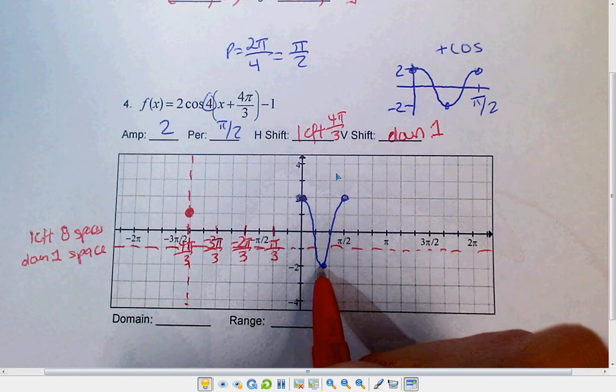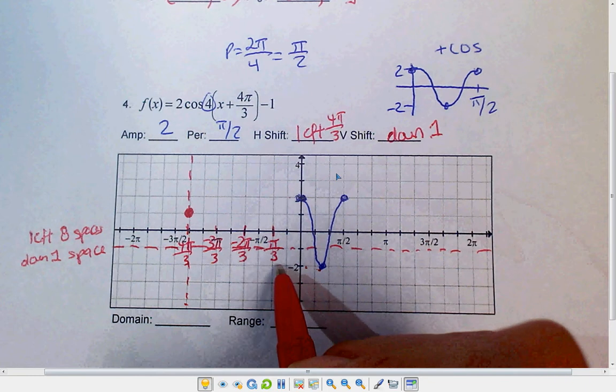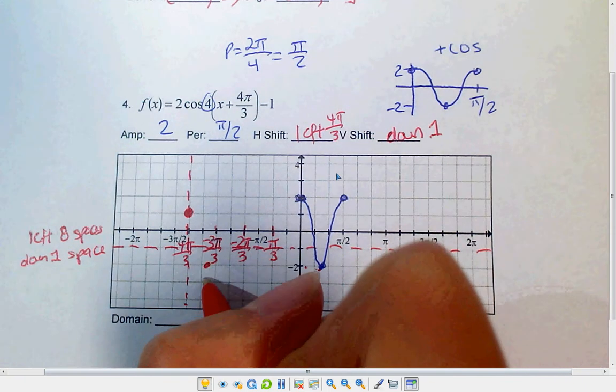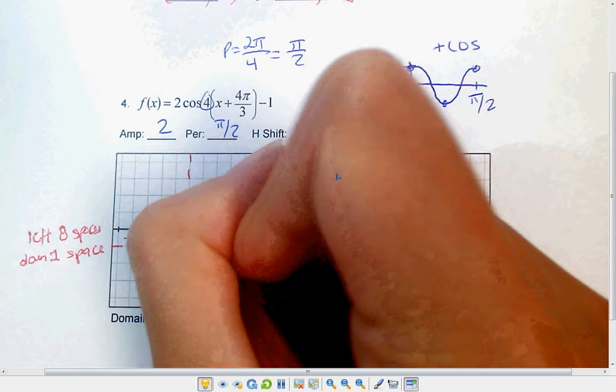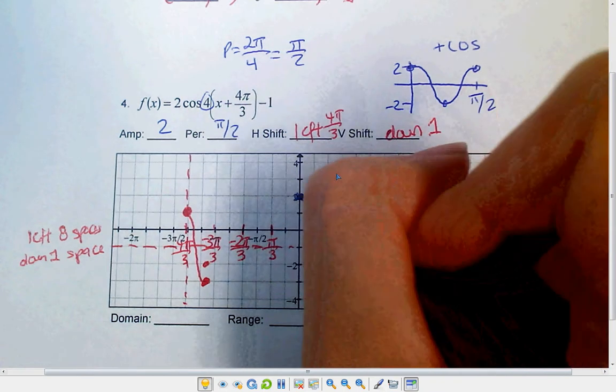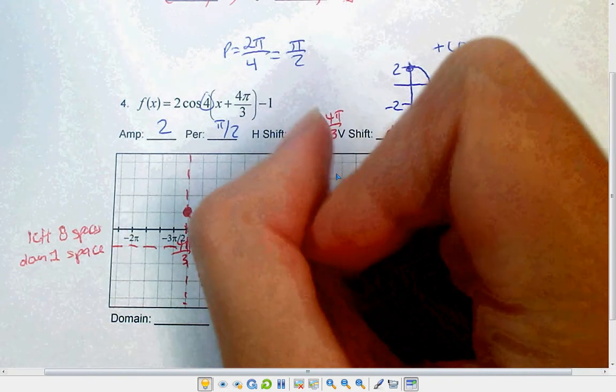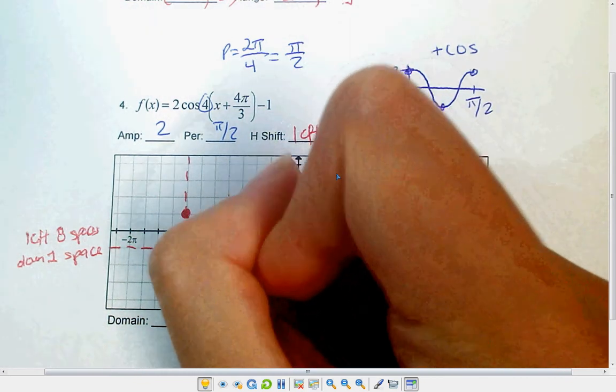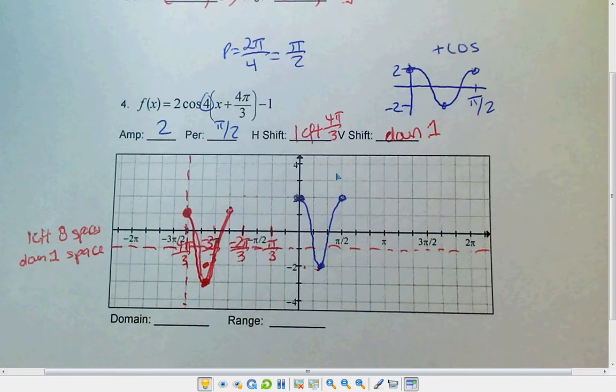This one's kind of halfway in between, but I can still count 8 spaces. So 1, 2, 3, 4, 5, 6, 7, 8. 1 space down. And then 7, 8, 1 space down. Here is my new function right here.